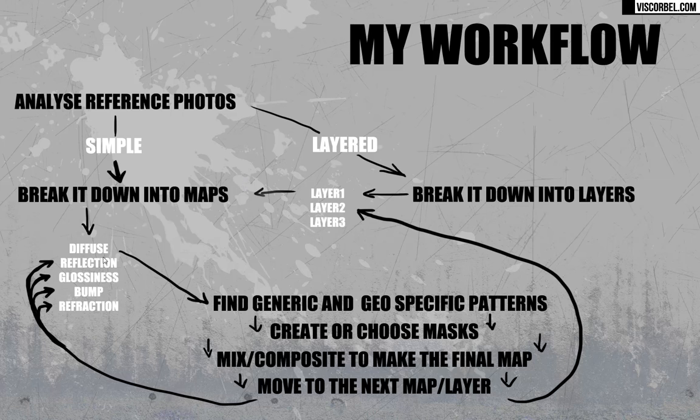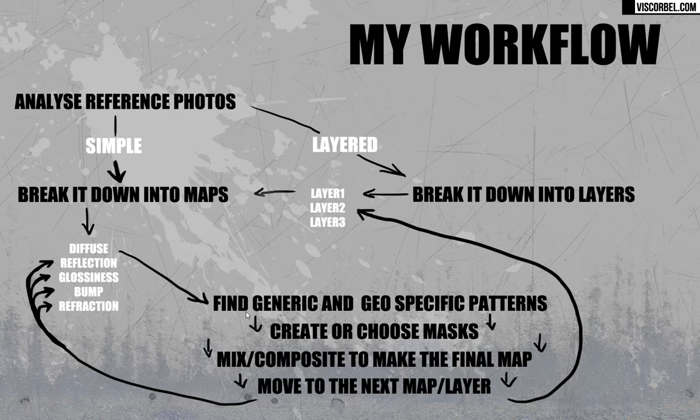And for each map, try to find some generic patterns that are repeated all over the object, and the geometry specific patterns that are concentrated along the edges, for example, or patina concentrated in the occluded areas or concave areas. And then I create or choose masks to create those patterns.